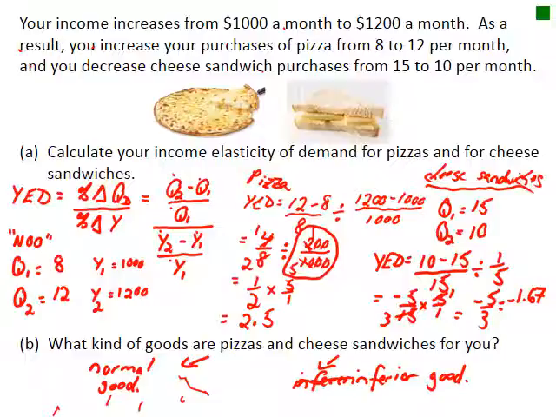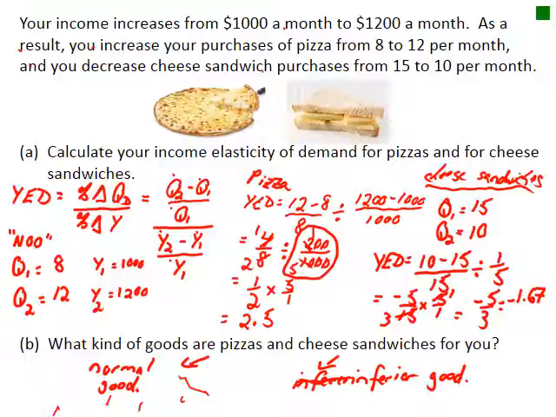Now we've done all of the work already with the income, so we know we're dividing by 1/5. And that we picked up over here. So it's going to be -5 over 15. We're going to multiply by the reciprocal, 5 over 1. Simplify, and we have -5/3, which equals -1.67.